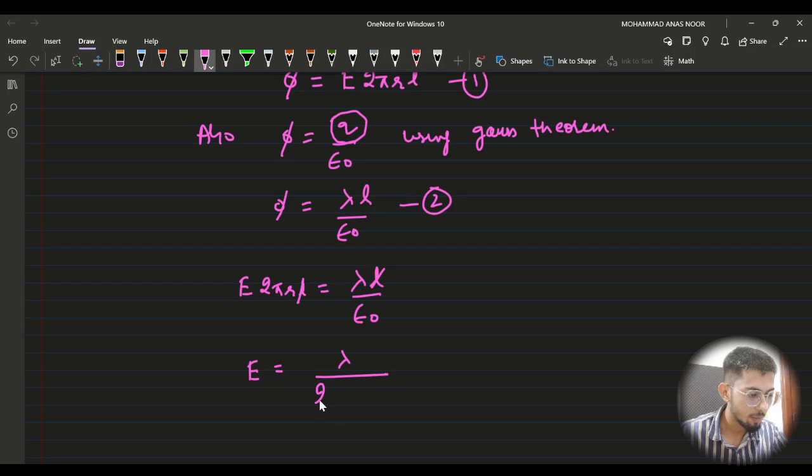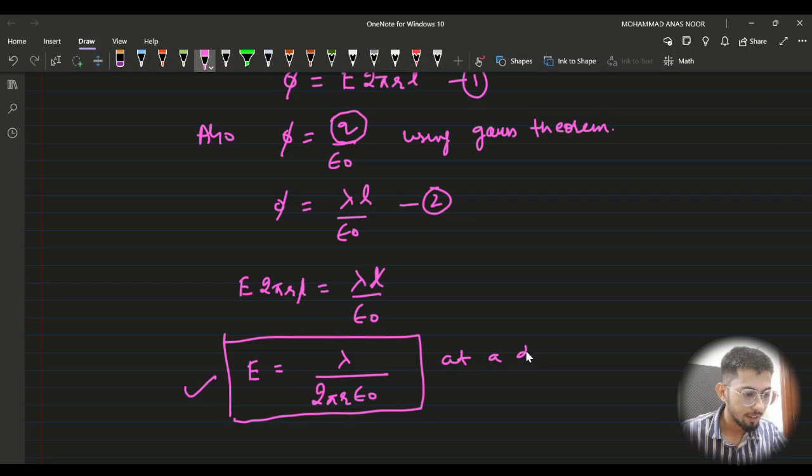Lambda upon 2 pi r epsilon naught. This way you have found the electric field at a distance r from the infinitely long wire.